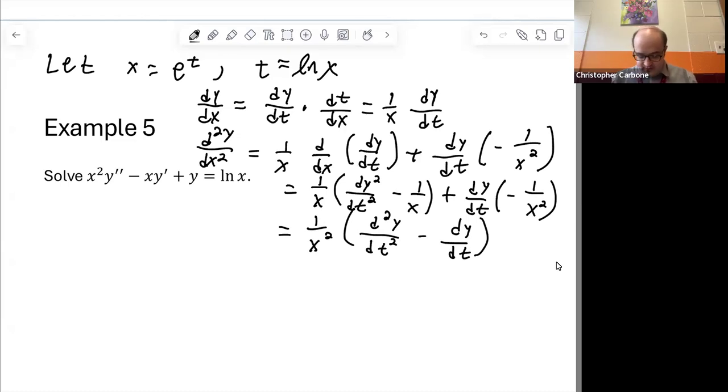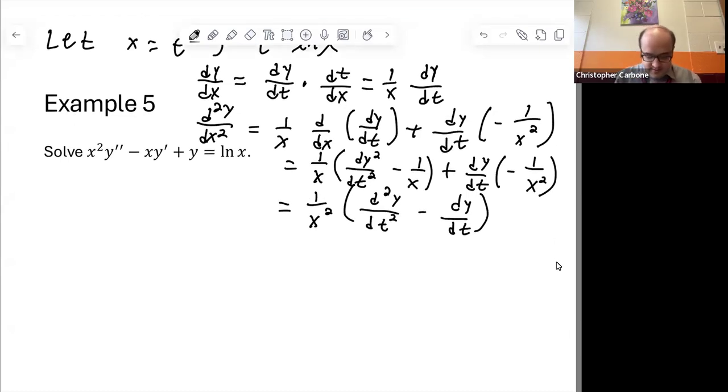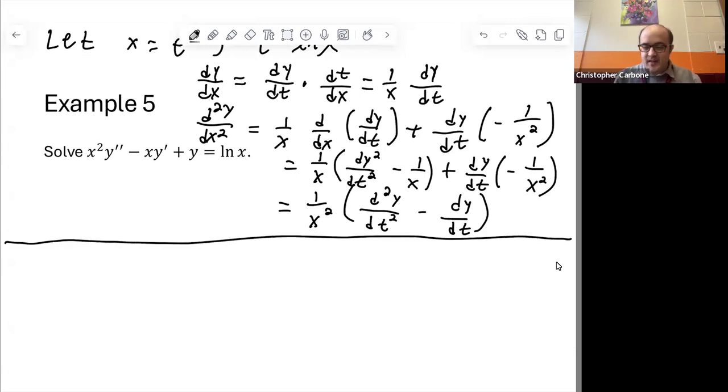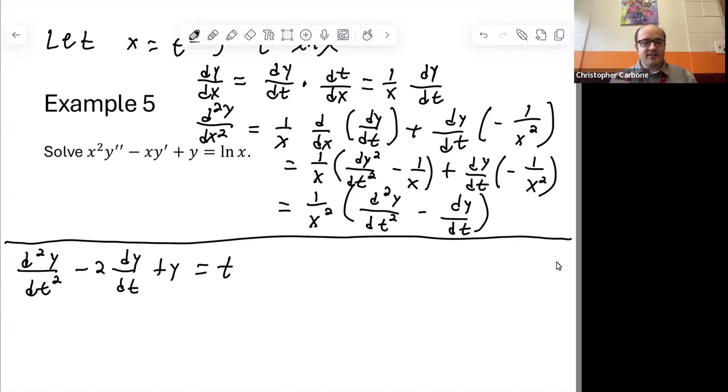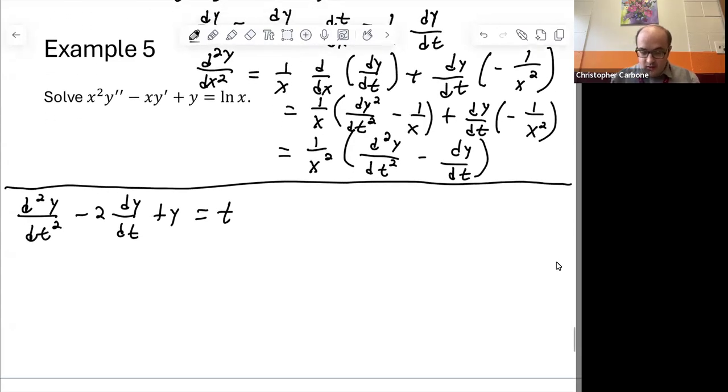So we need to do a substitution for this. We're going to use for a substitution the second derivative of y with respect to t, minus 2 times dy over dt plus y, which is supposed to be equal to t once we substitute everything into our differential equation. So in doing so, we can write our auxiliary equation.